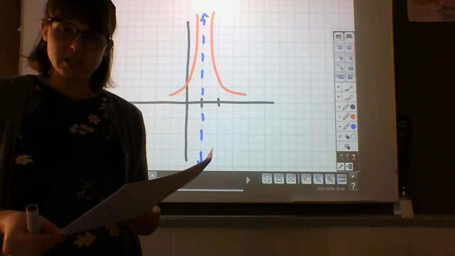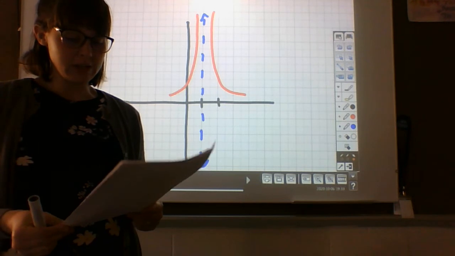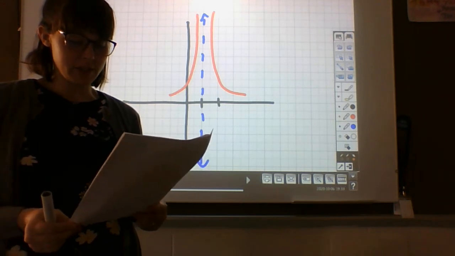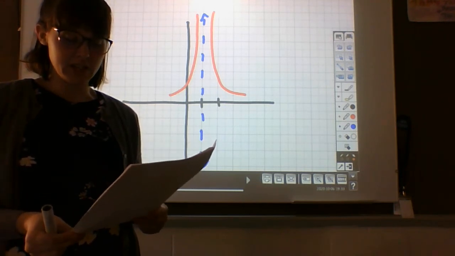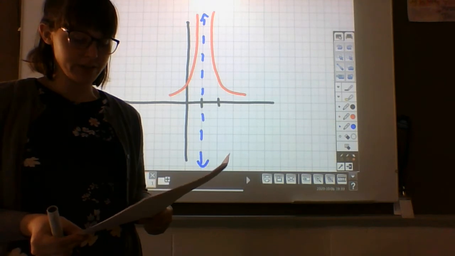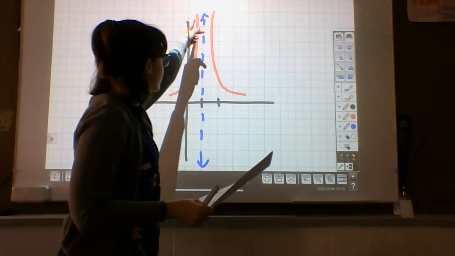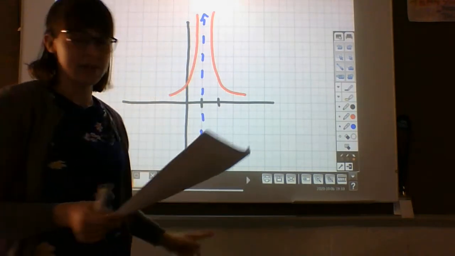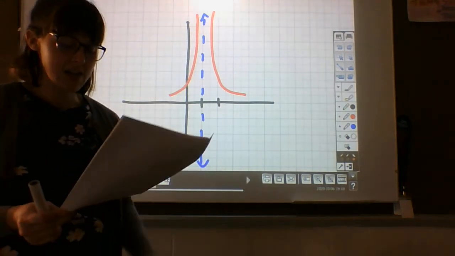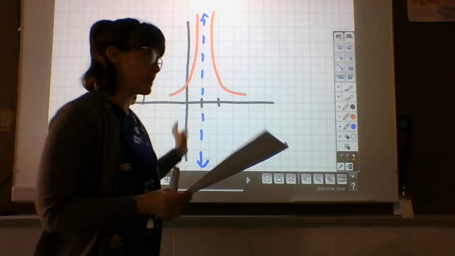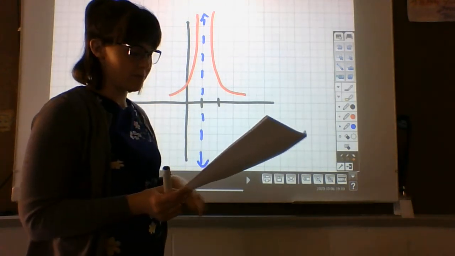Okay, so it says in your notes here, if it were possible to extend the graph in this figure toward positive infinity, you would see that the graph becomes arbitrarily close to the vertical line x equals 1. So it's going to get closer and closer to this line x equals 1, but it's never going to touch it. And because it never touches it, that's what makes it an asymptote.